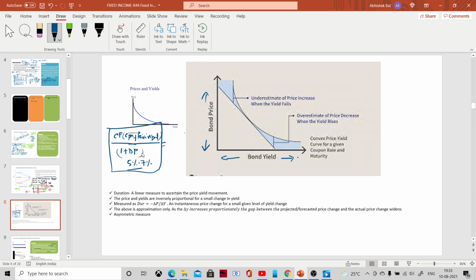Opposite will be the case in case the discount factor decreases. That is what is being depicted here graphically. If you plot the graph, this is what you will get. This is called the famous price yield relationship.